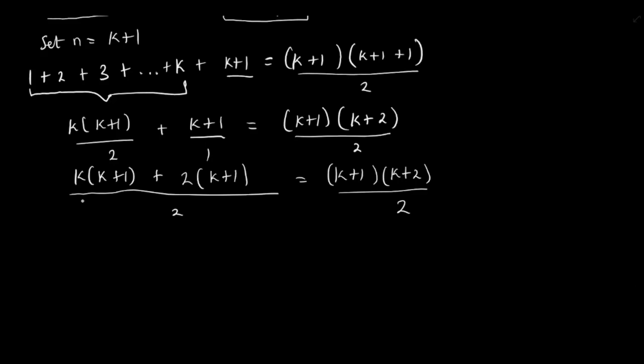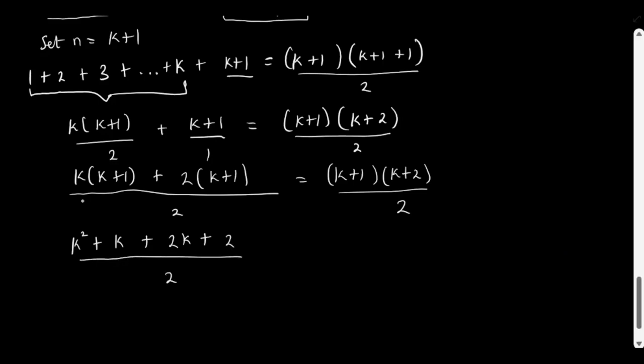Simplifying the bracket, we have k squared plus k plus 2k plus 2 over 2, equals k multiplied by k.